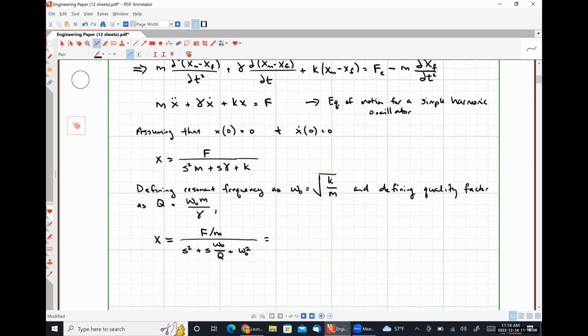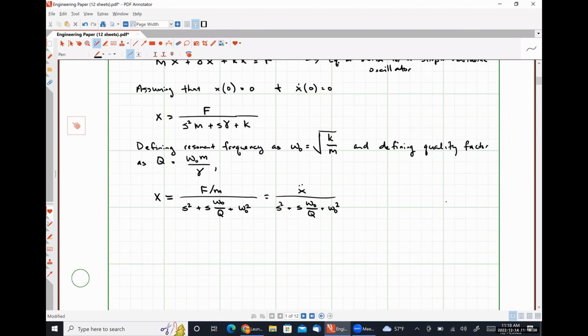Recognizing that force divided by mass is simply our acceleration, our displacement is then acceleration divided by that same denominator, s squared plus s times omega naught over Q plus omega naught squared.